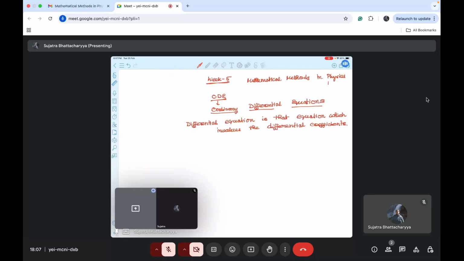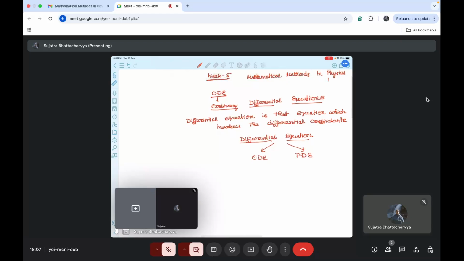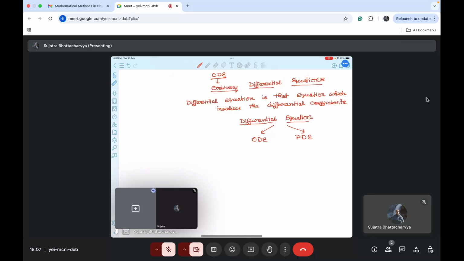These differential equations are of two kinds. One is what we will discuss today, the ordinary differential equation. Mostly we will not discuss the other, the partial differential equations, which are much more useful in electromagnetism.